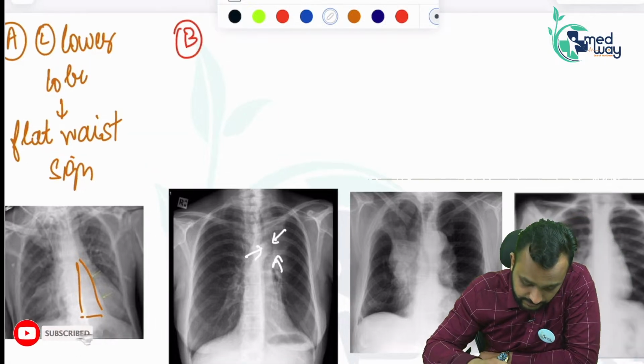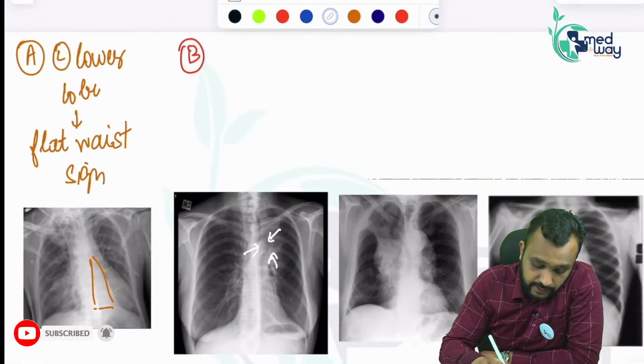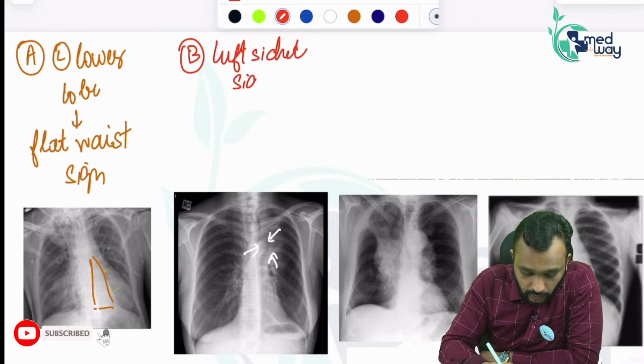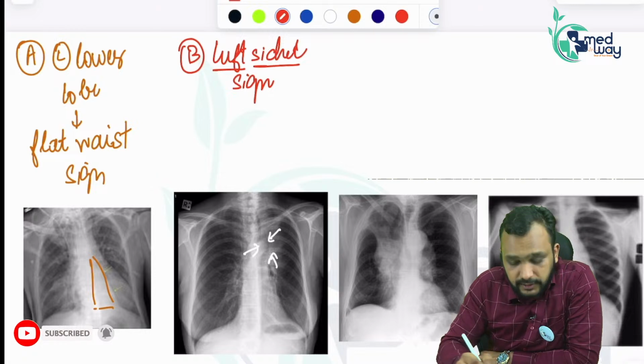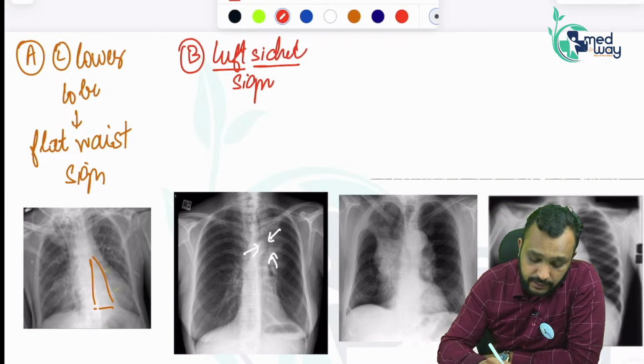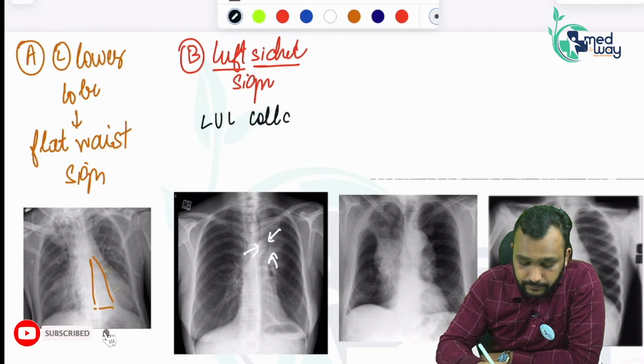So this is known as the Luft-Sichel sign. Luft means air and Sichel means sickle shaped. This Luft-Sichel sign is seen in left upper lobe collapse.